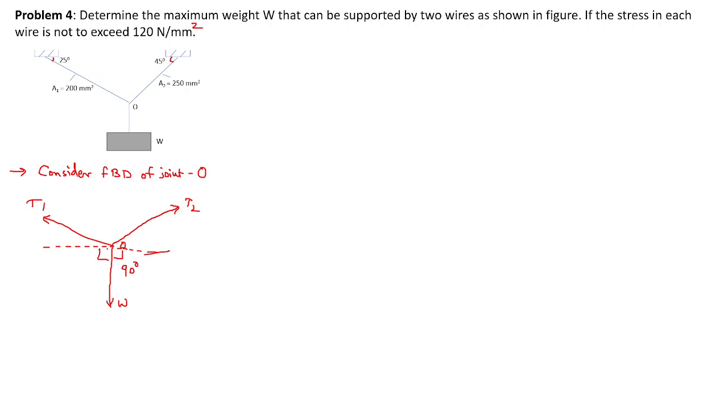The angle provided here is 45-degree, which means here is 45-degree, and here is also 45-degree. Then here is 25-degree as per the above figure. So here it will be 25 plus 45, which is 70-degree.